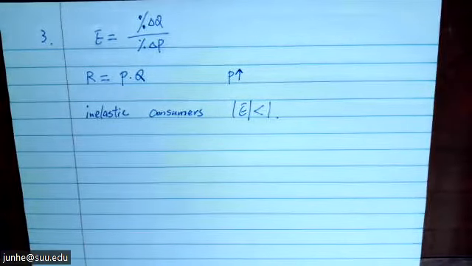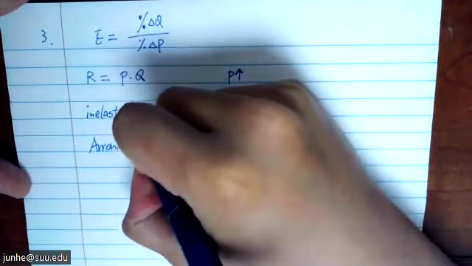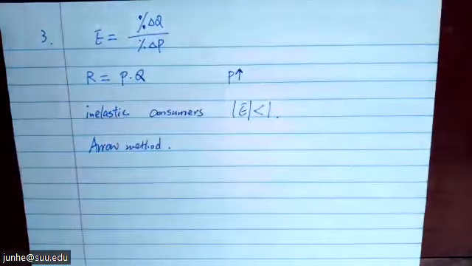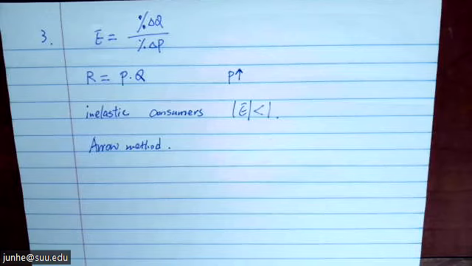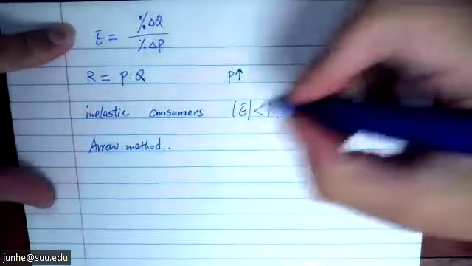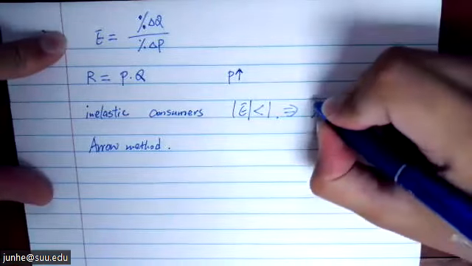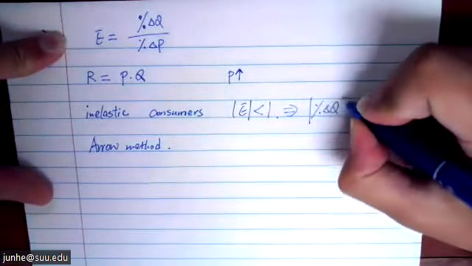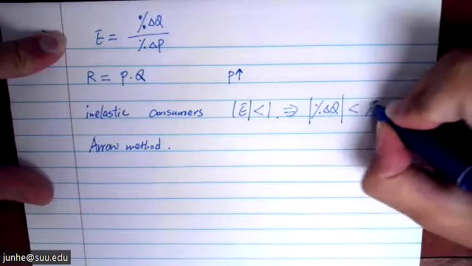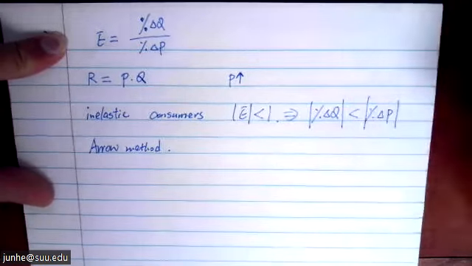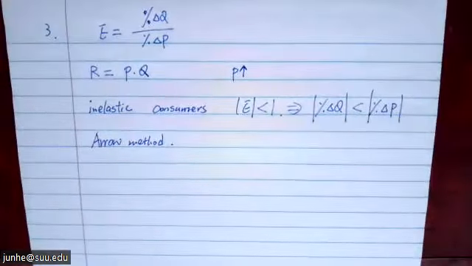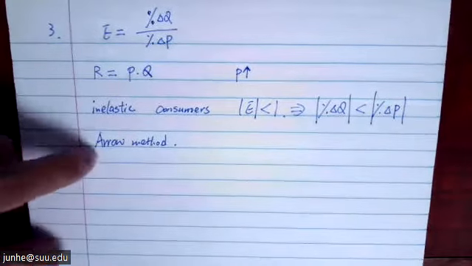So here I'm introducing to you a method which I refer to as the arrow method. Here you have inelastic consumers. That means your top is smaller than your bottom.